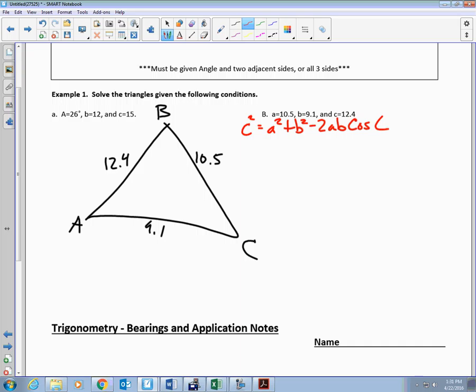Angle C. So I have 12.4 squared equals 10.5 squared plus 9.1 squared minus 2 times 10.5 times 9.1 times the cosine of C.